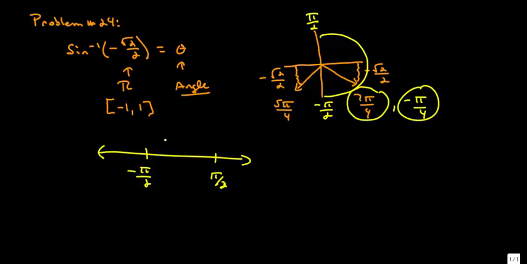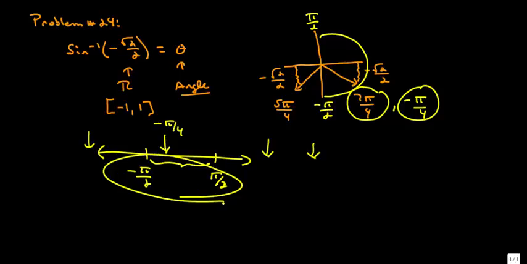Well, the only angle that falls in that range that has a sine value of negative square root of 2 over 2 is negative pi over 4. Any other angle that you pick, here's 5 pi over 4, here's 7 pi over 4, you just keep going. All those other angles fall outside of this desired area.